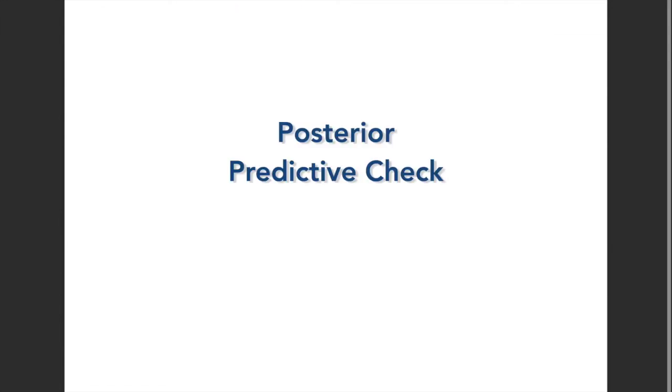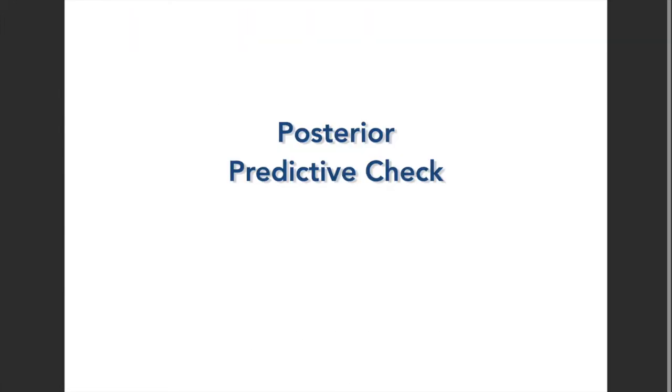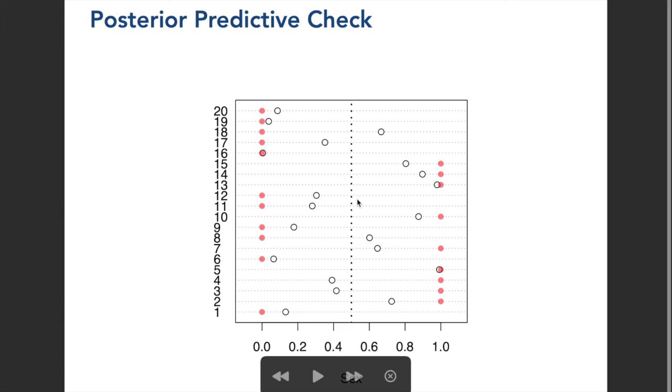Okay, so now we can look at our posterior predictive checks. I'm not going to go through the code here because it's the same as what we did before, where we separate out the y_pred values and then summarize them, get the mean and the lower and upper highest density interval values, and then we can plot them. And so here I plotted our predicted individuals, and I just put a dashed line here for 0.5.